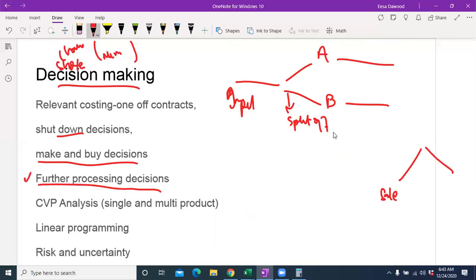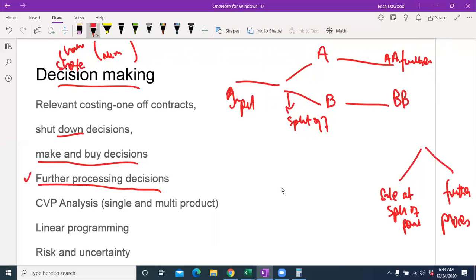So I have two options here: whether I sell at the split-off point, or I further process A into AA and then sell, and further process B into BB and then sell.